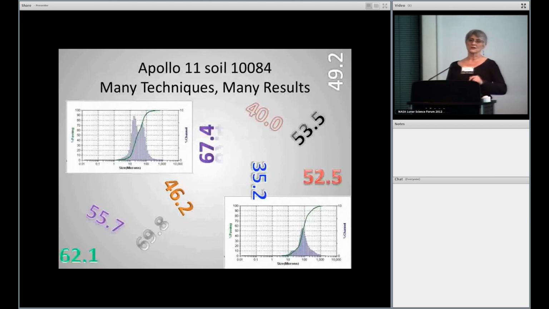If you go back and look at the Lunar Soil Grain Size Catalog, which was published back in the mid-90s, and you go to Lunar Apollo 11 Soil 10084, you will find one measurement for that soil, when in fact many measurements have been made for that soil, and these are the values for the median size of all those measurements that were made.